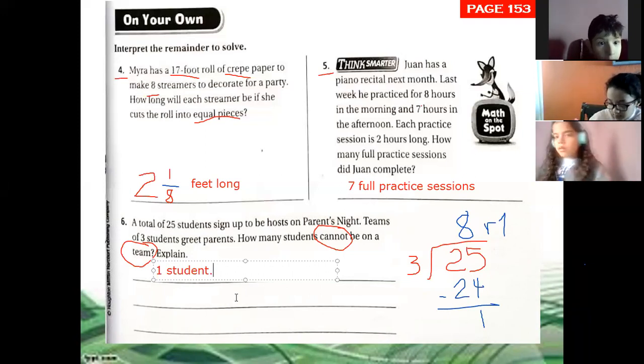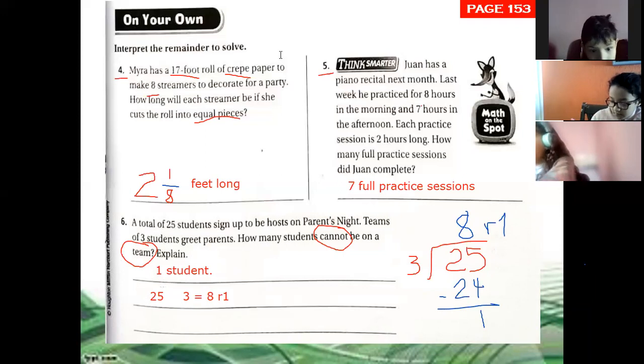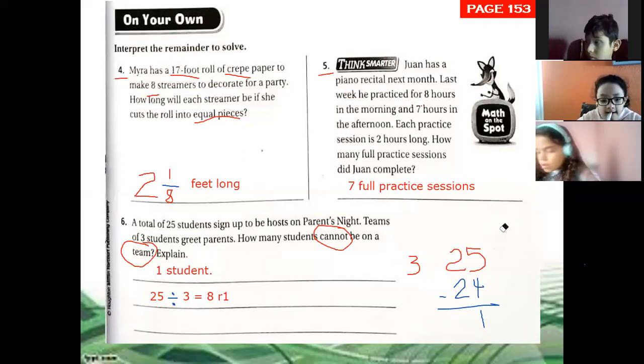So you can copy the division: 25 divided by 3, because this is another way to write a division, equals 8 remainder 1. That's what I want you to copy in that answer.